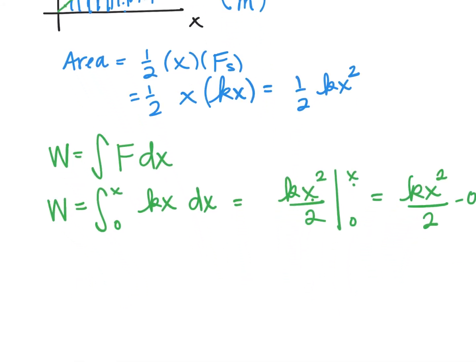Now, we are going to treat springs as being conservative. And for conservative forces, remember, the work done by the gravitational force is equal to the negative change in the energy stored in the gravitational field. The gravitational force is what we call a conservative force, because it doesn't matter the path taken.